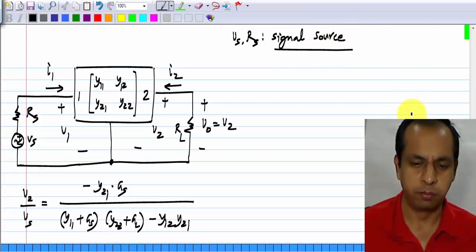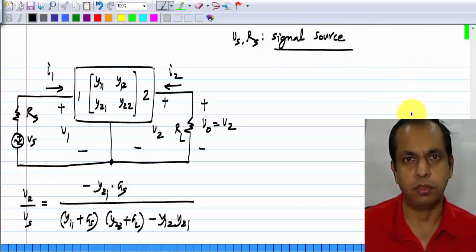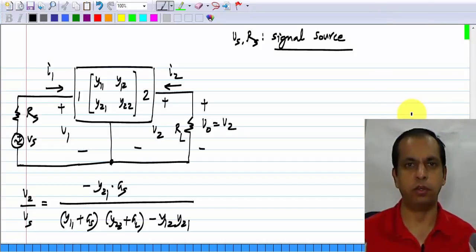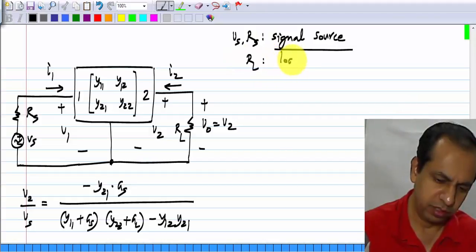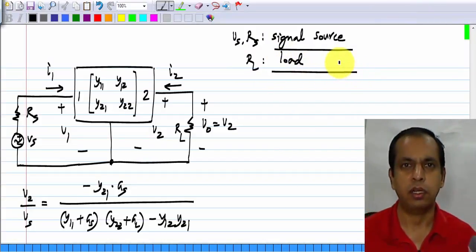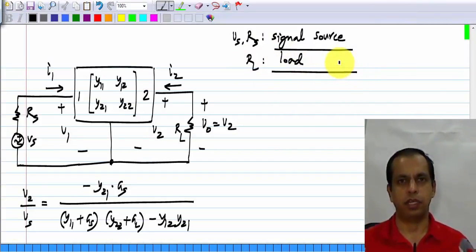Rs is given. We want to maximize the voltage gain regardless of the value of Rs, and RL is the load. So this is also given, and regardless of the value of RL we would like to maximize the gain.